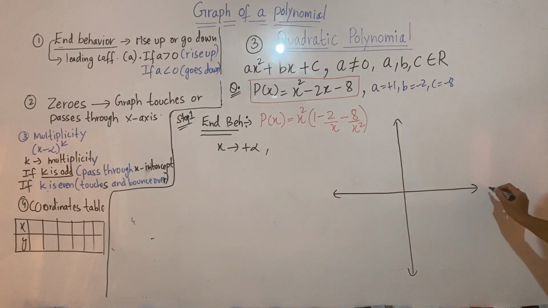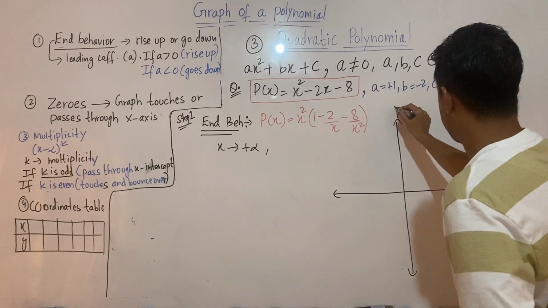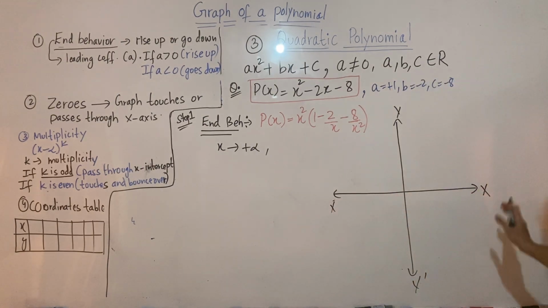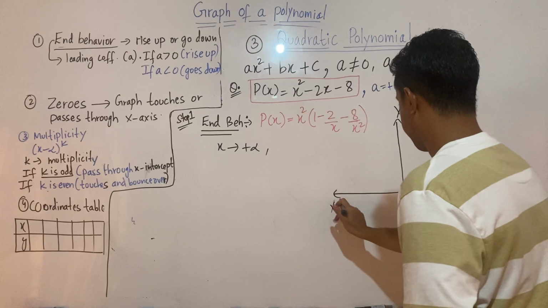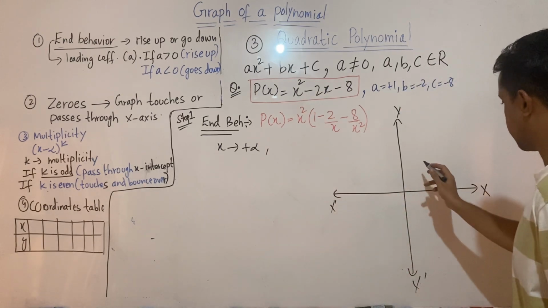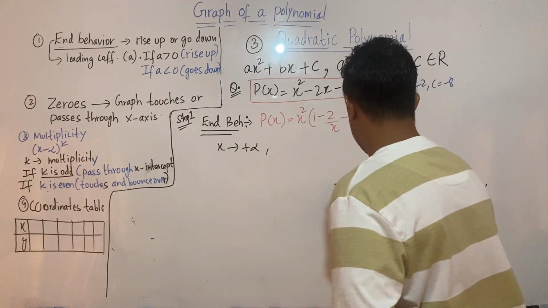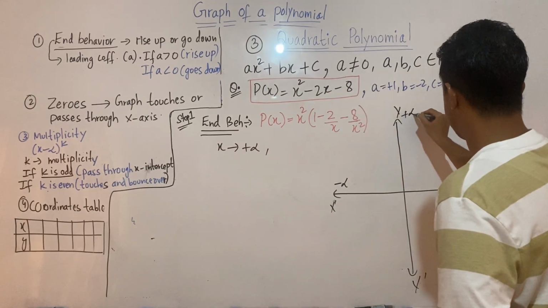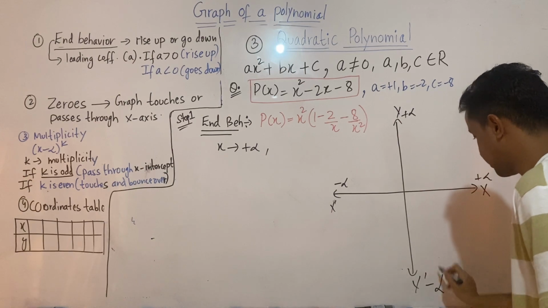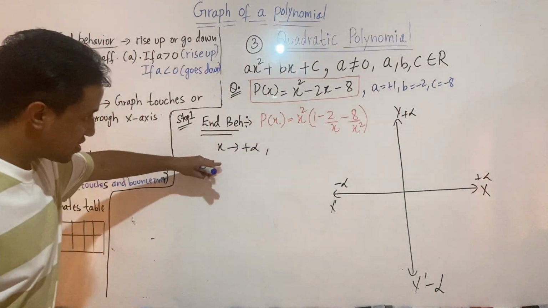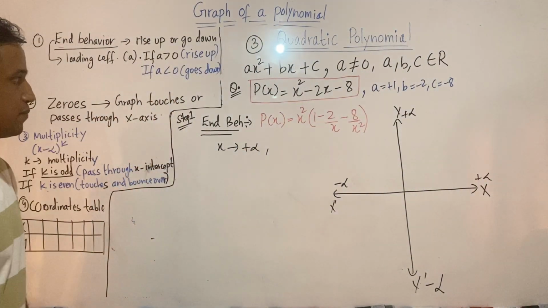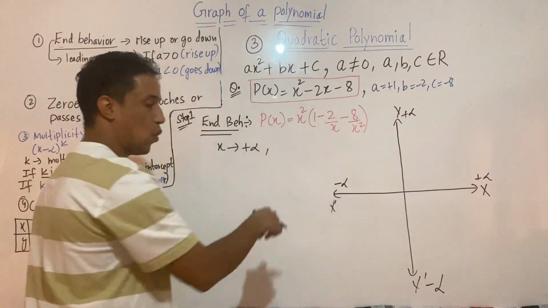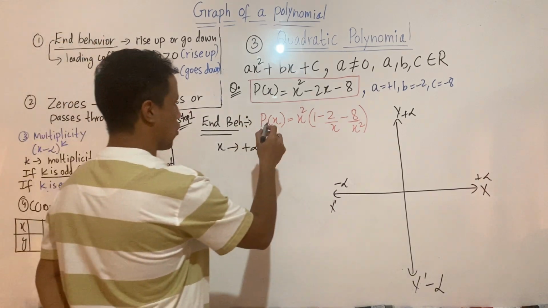This is the x-axis, this is y, here y dash, here x dash, okay? Here minus infinity, this side positive infinity, this side positive infinity, this side minus infinity. When x tends toward infinity, when we put x as infinity here, then what will happen to p(x) or y?